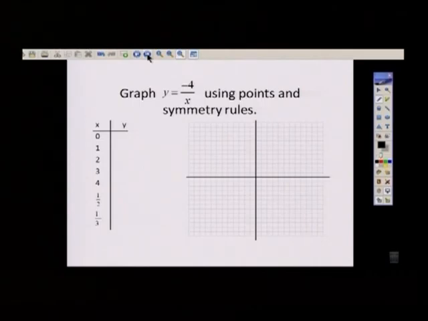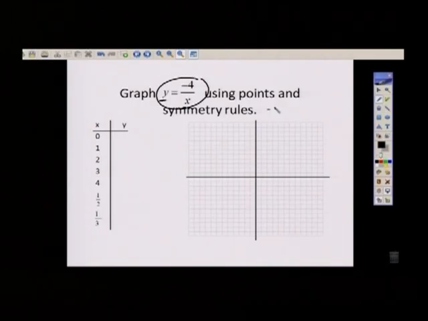Okay, so we're going to try that again. Here, we're going to take this equation, y equals negative 4 divided by x, and use our symmetry rules. Now, if it's symmetric with the x-axis, if I make the y negative, it will not be an equivalent equation. If I use my symmetry with the y-axis test and put a negative x in, it will not be the same as the original.